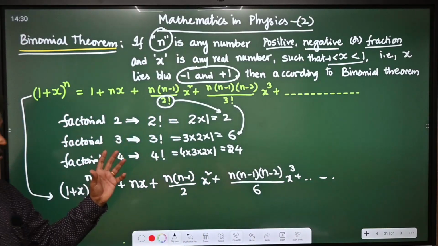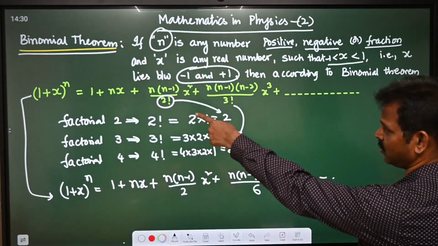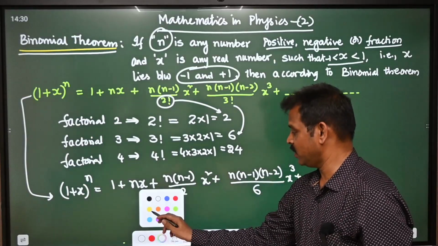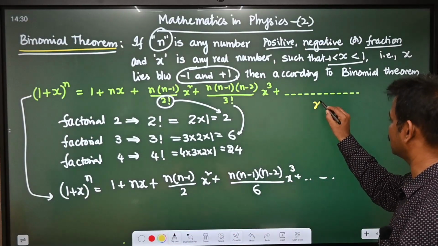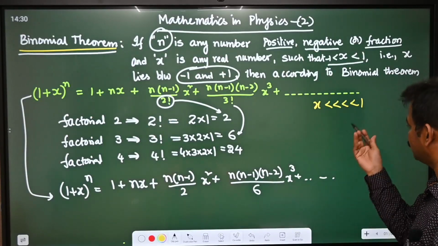But students, in this expression, if x is very small, this is most important. If x is very small, x is much smaller than 1. So x value is very small.